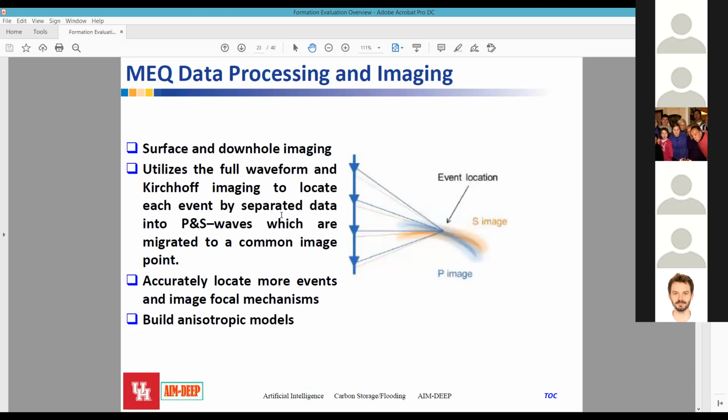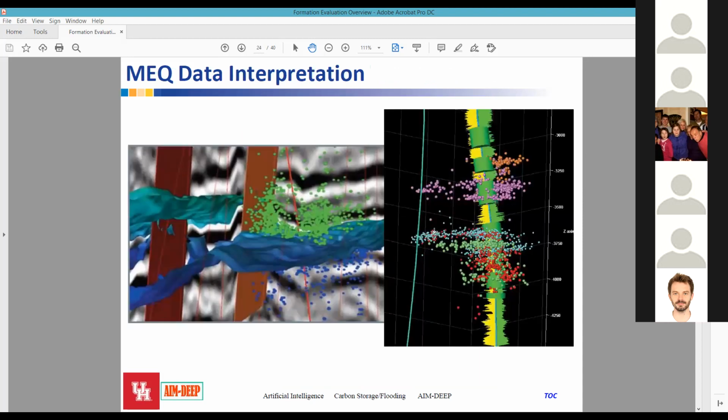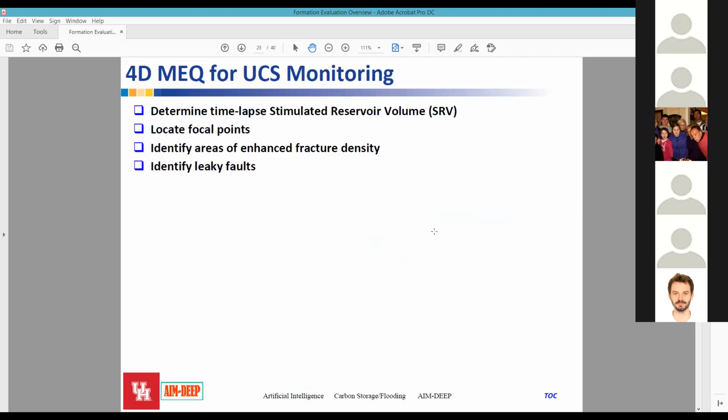We can do advanced seismic data processing and imaging to accurately locate the events and image the focal mechanism of these events, and that's going to help us identify the fracture distribution and also the focal point. It's also going to help us identify the leaky parts of the fault, or the leaking faults, which are very important for underground carbon storage.